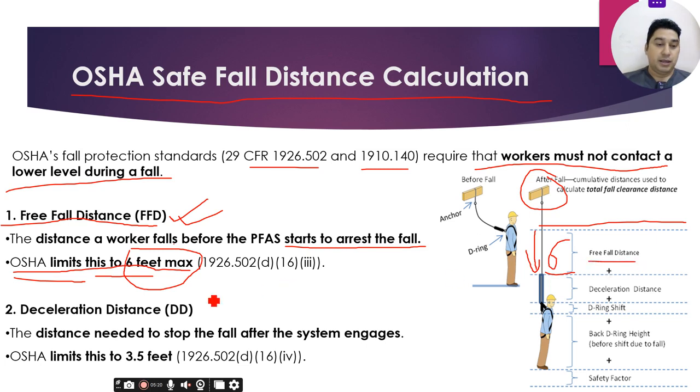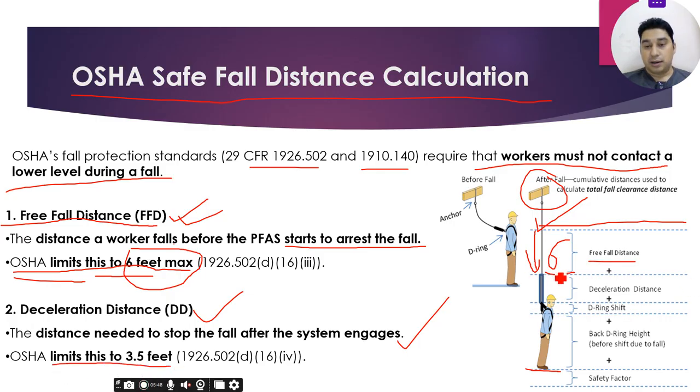Then we have the deceleration distance, DD, the distance needed to stop the fall after the system engages. Once the personal fall arrest system is activated, the person has to stop completely down here. Now, when the person falls and after the system engages, OSHA says the limit should not be more than 3.5 feet.